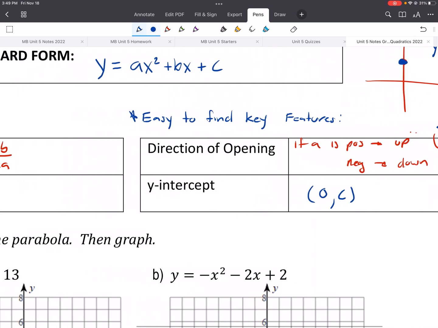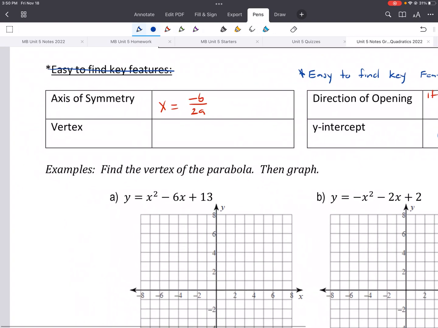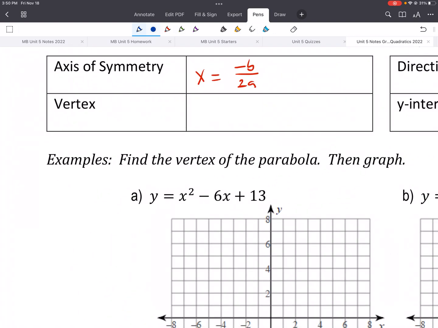All right. Next, let's talk about actually graphing. If you need to graph, the first thing we're going to do is find the axis of symmetry. This is the equation for the axis of symmetry. It's part of the quadratic formula. If you remember, we had x equals negative b, but now it's all over 2a.